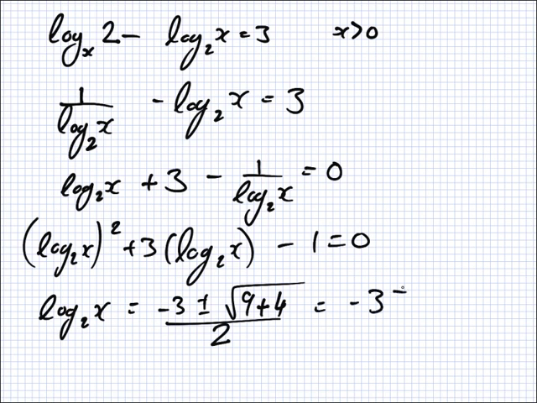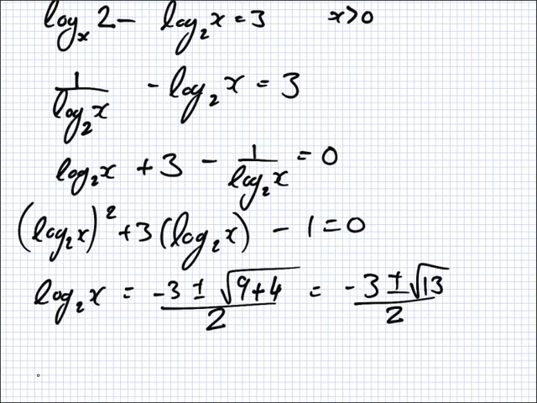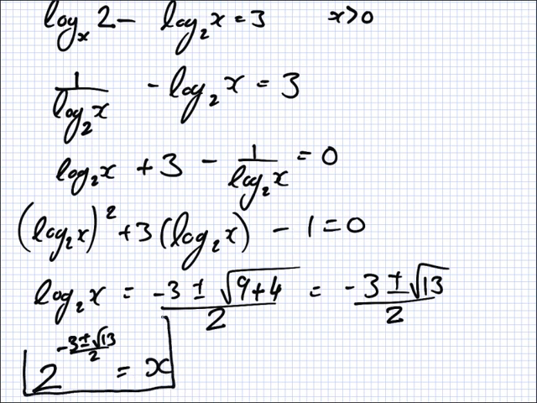That's minus 3 plus or minus root 13 over 2. So then that means 2 to the power of minus 3 plus or minus root 13 over 2 equals x. So there you go. There are the two answers there. So x equals 0.101 or 1.234.